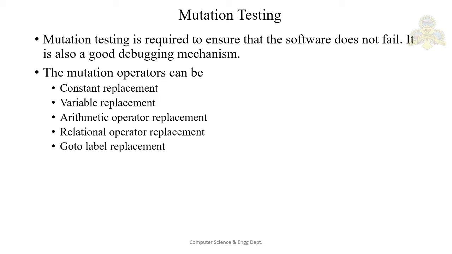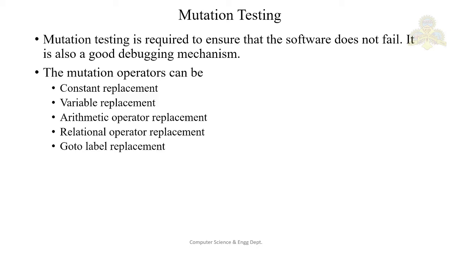Generally, each mutant will have only one change. Whenever you make slight logic changes, make sure you modify only a single piece of code. Do not include more than one change in a single mutant. To produce these mutants, we have mutation operators.